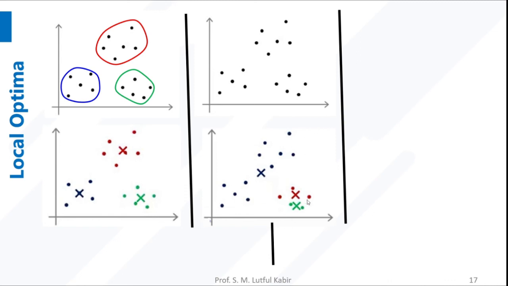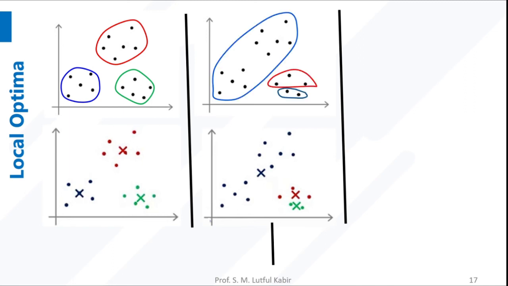As you proceed, you get stuck at this particular position: this x is the average of these three, this green is the average of these two, and the rest of the points are averaged at this navy blue cross. So these 3 points are your finally determined cluster centroids.